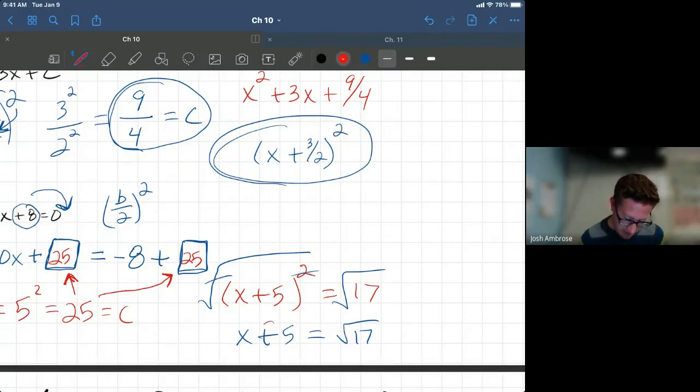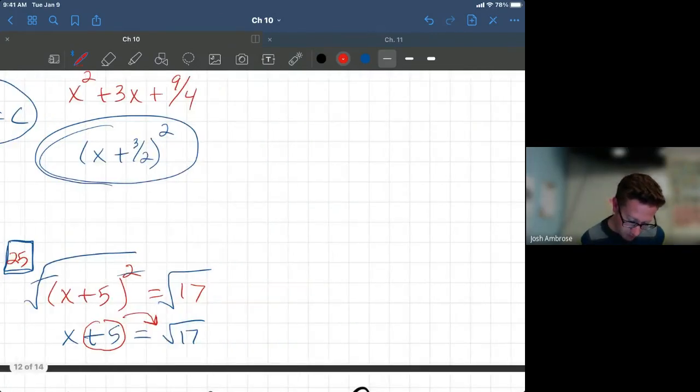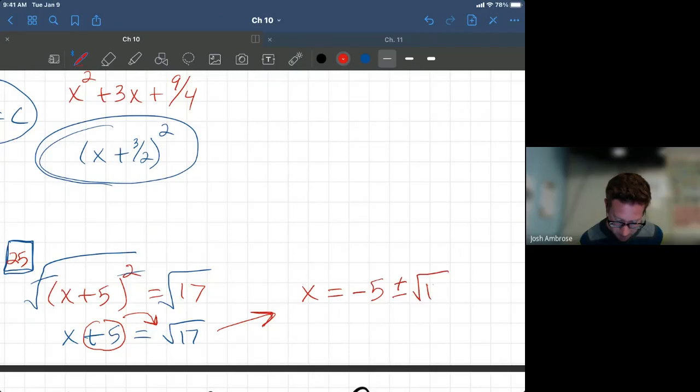We have to take this 5 and bring it over so that we determine what is x. We're solving for x. What is x? When you bring it over, that is going to be rewritten as x equals negative 5 plus or minus the square root of 17.